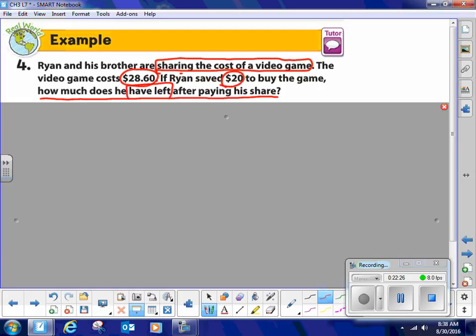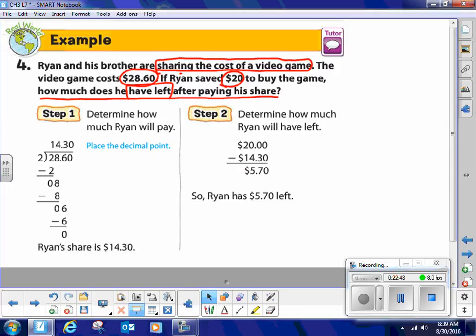Okay, that means there's going to be subtraction also. So we need to do 2 things to do this. We have to figure out how much Ryan's part of the video game costs by dividing 28.6 in half. Okay, and then we're going to subtract that number from the $20 that Ryan has to see how much he has left. All right, they do the work.